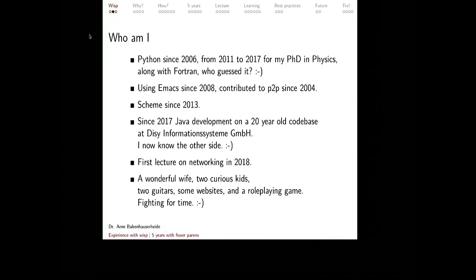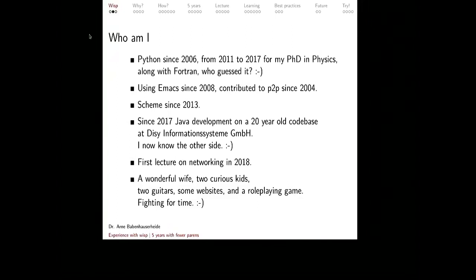The parentheses shouldn't worry me because I've been using Emacs since about 2008. I've been looking into eLisp, so it shouldn't hurt me, but it still does. I'm strange. Since 2017, I'm actually working full-time on Java, so I saw the other side and I'm seeing the other side daily. So I can really appreciate what I can do here.